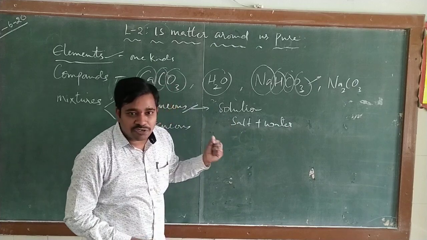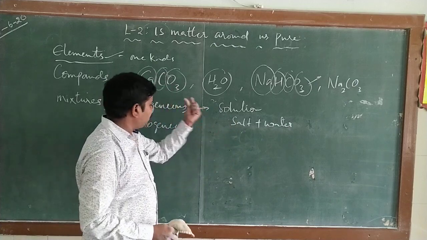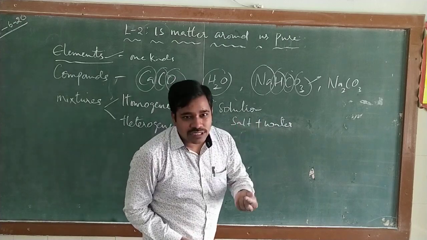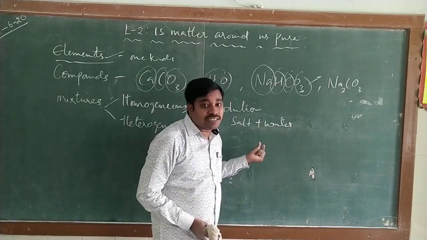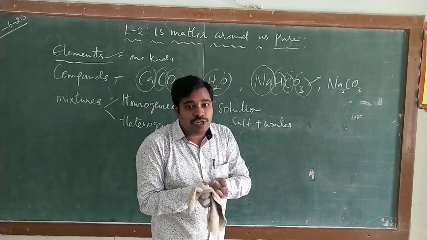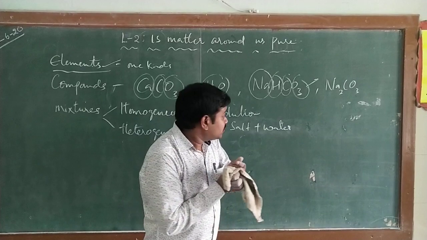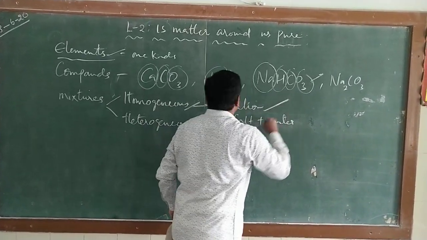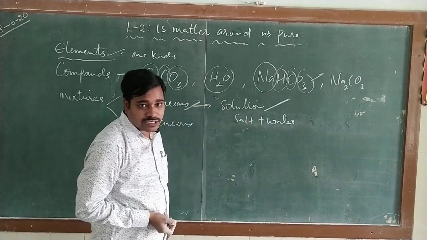We call it a salt solution or brine solution. After we prepare the solution, we do not observe any boundaries, as they are uniformly mixed. Such a type we call homogeneous, and all solutions are examples of homogeneous mixtures.